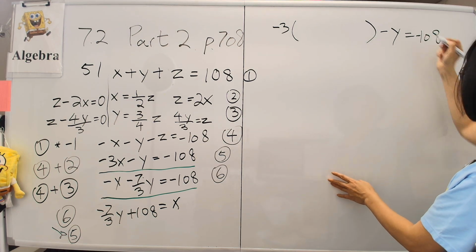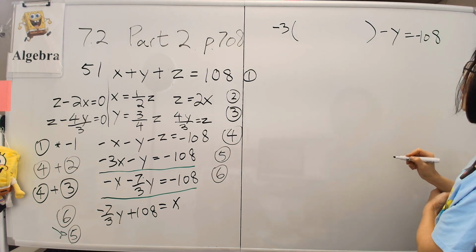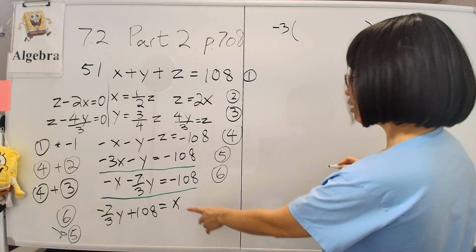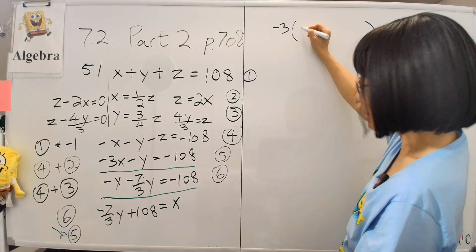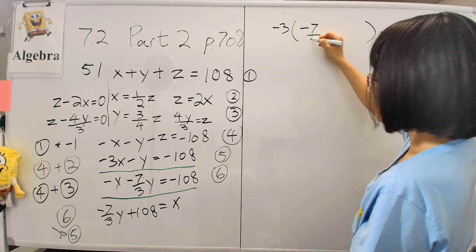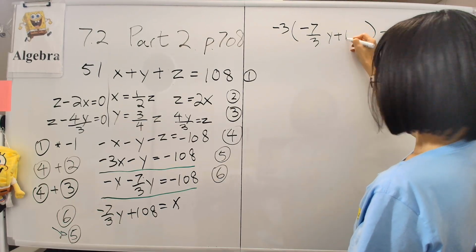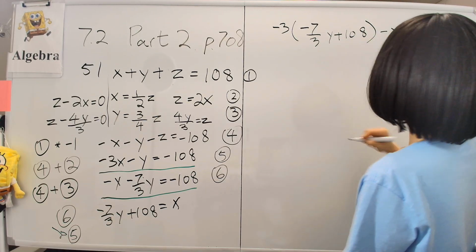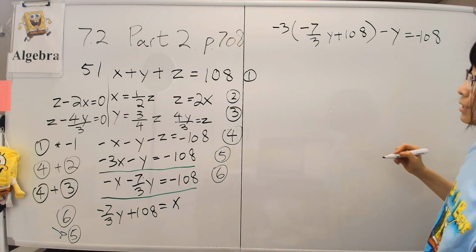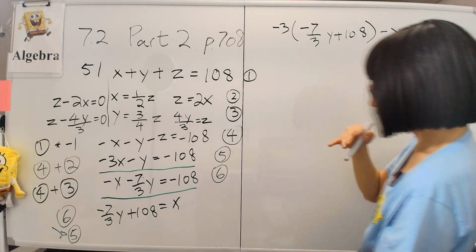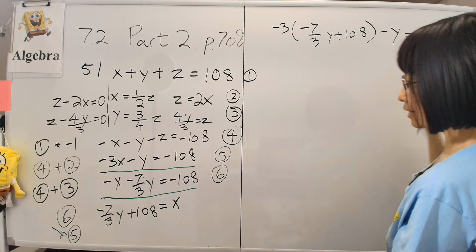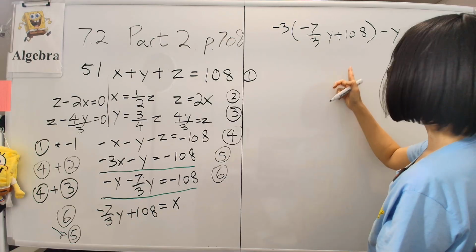Better not forget the negative. All right, that looks so far so good. While x equals, copy down, x is minus 7 over 3 y plus 108. Okay, so that minus 3, and x equal to this thing.